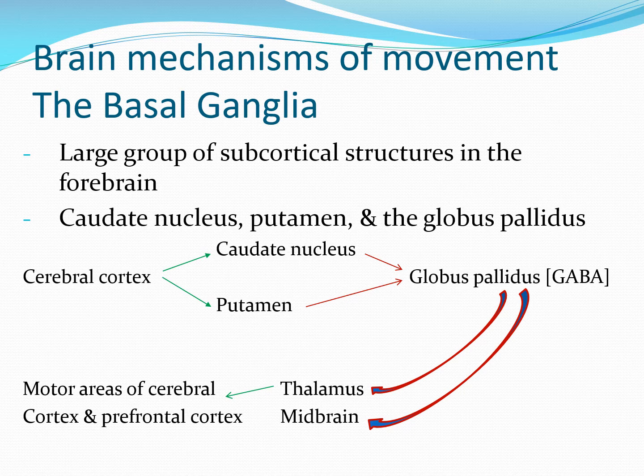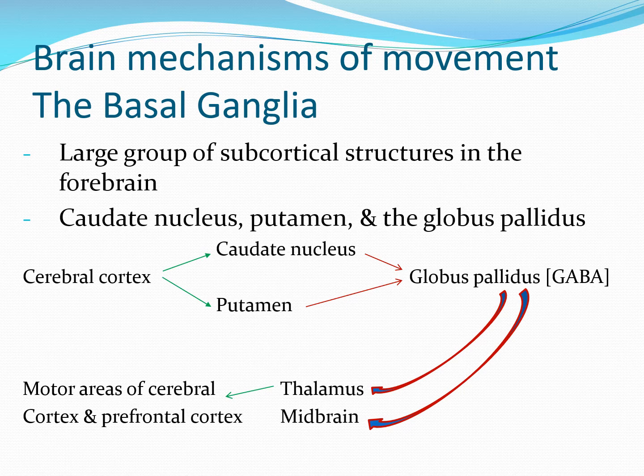So when I decide to make a movement, my cerebral cortex is active and it is communicating to the striatum. Okay, and the caudate nucleus and the putamen, those two structures, they are often referred to as the striatum. And then the caudate nucleus and putamen, they are sending inhibitory messages to the globus pallidus.